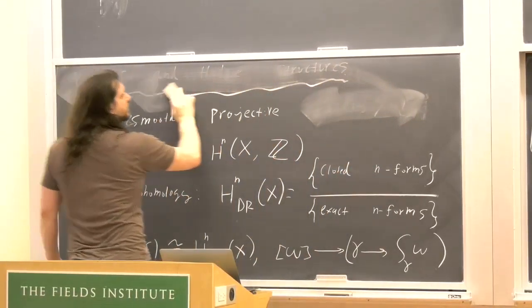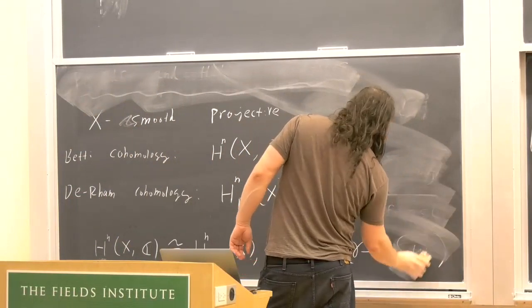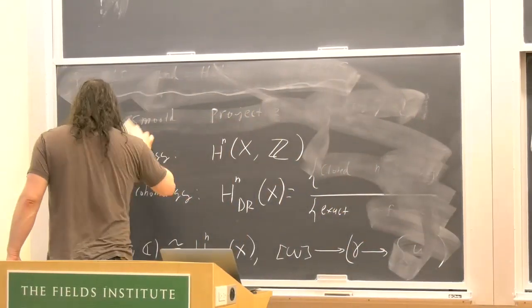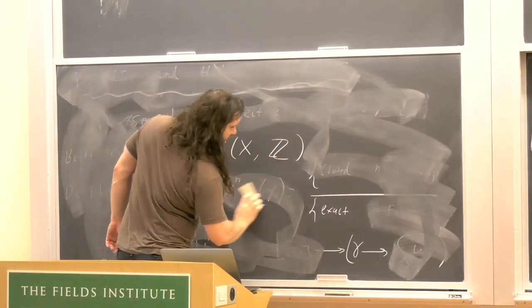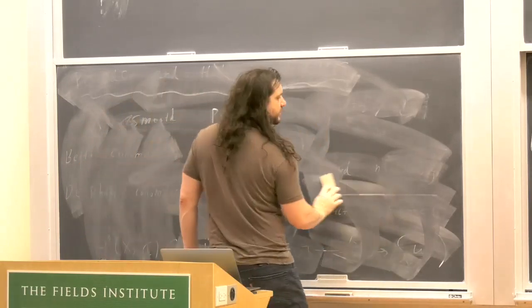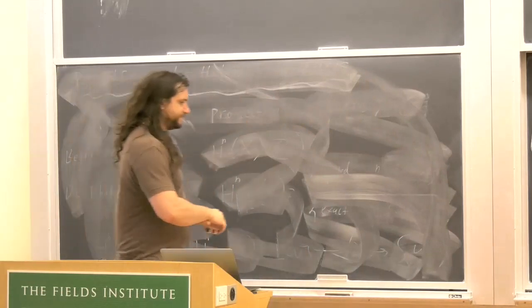So now that we have the basics of Hodge theory, let's start by studying these things in families, where we can start bringing some relations to o-minimality to bear.